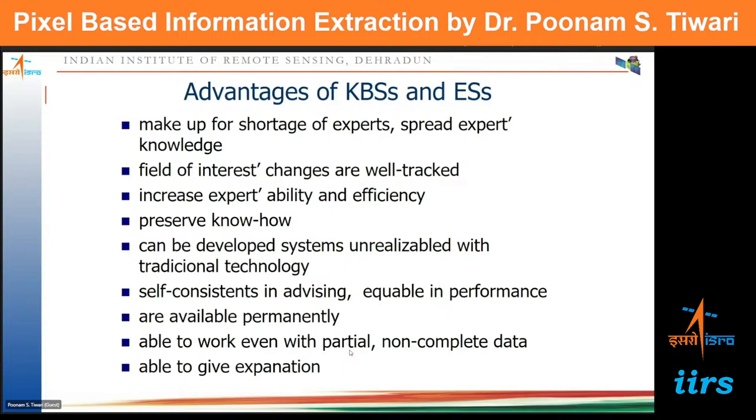It can be developed, consistent in advising, equable in performance. They are available permanently, able to work even with partial or incomplete data, and able to give a complete explanation about the data.